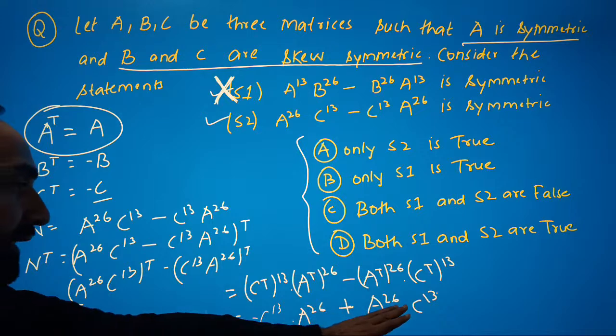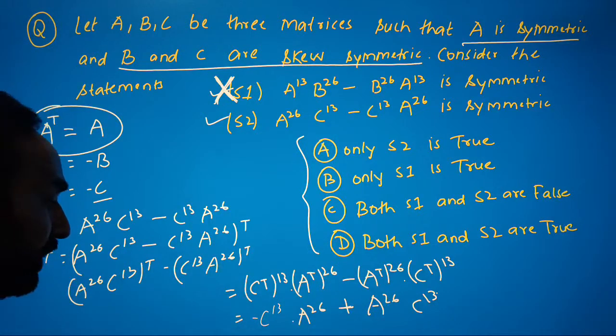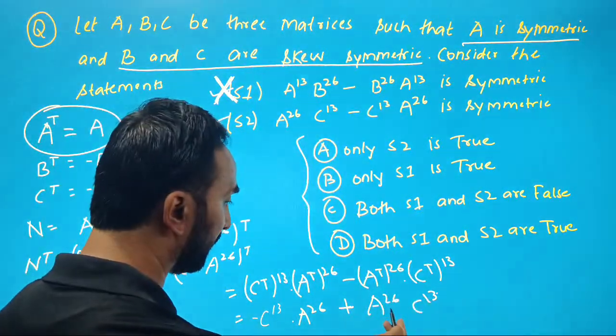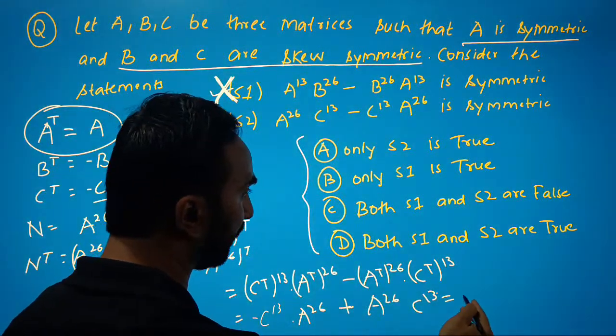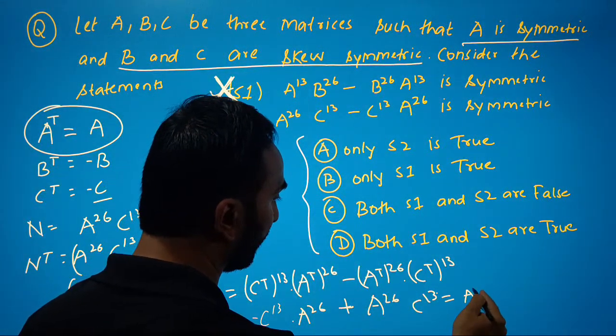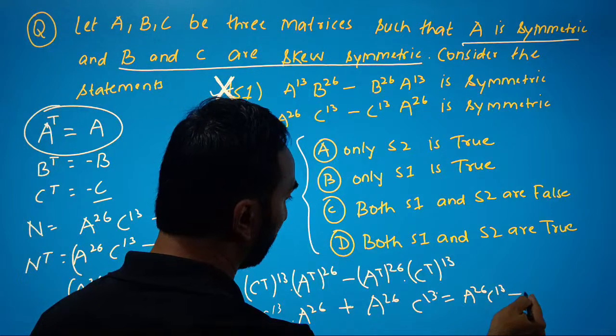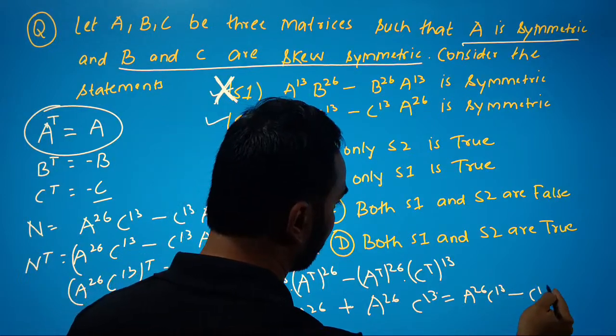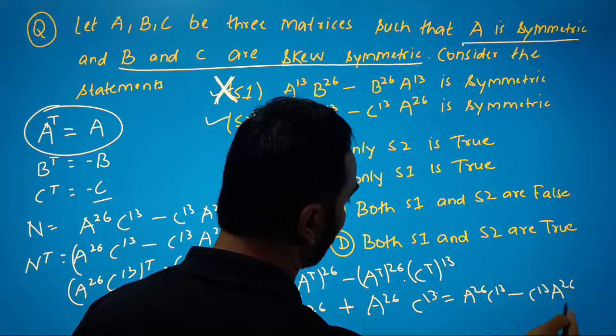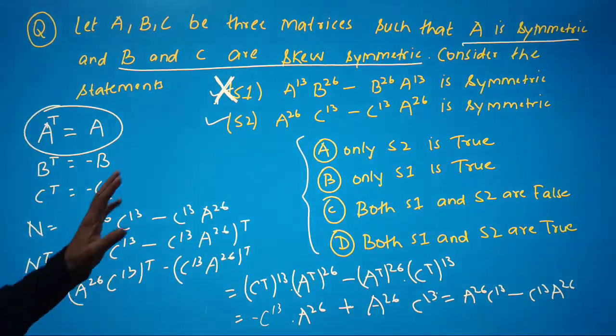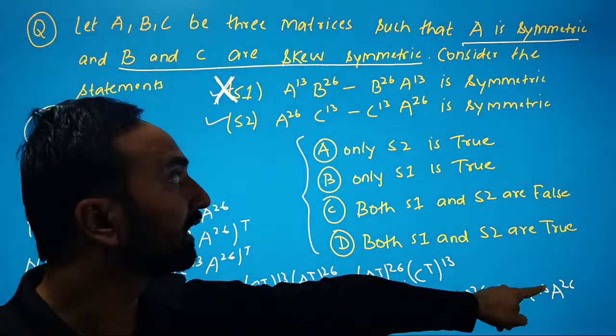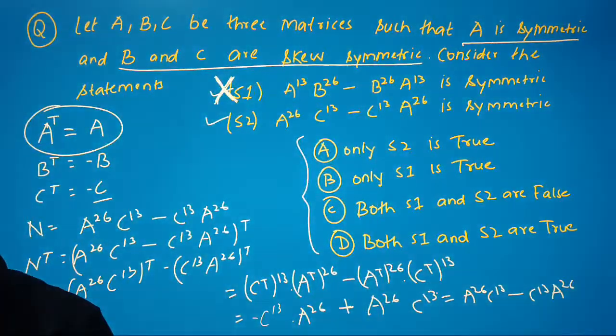Now I can interchange it, the positive sign I can write on this side, and so this is equal to A26 C13 minus C13 and A26, right? This I am writing here.